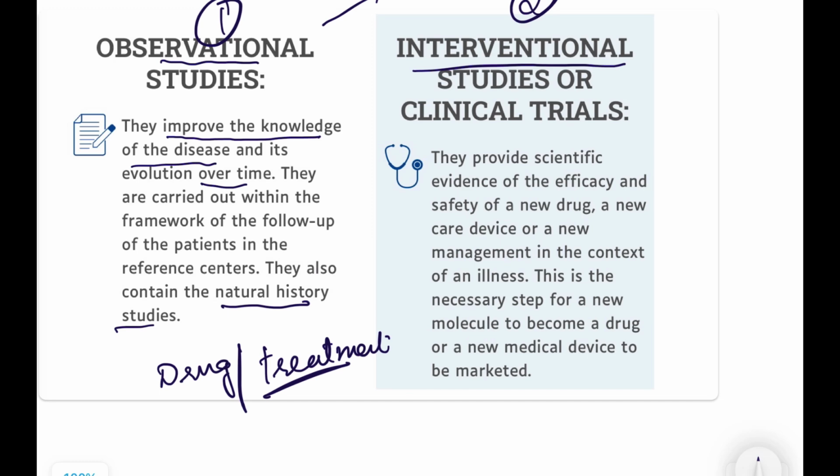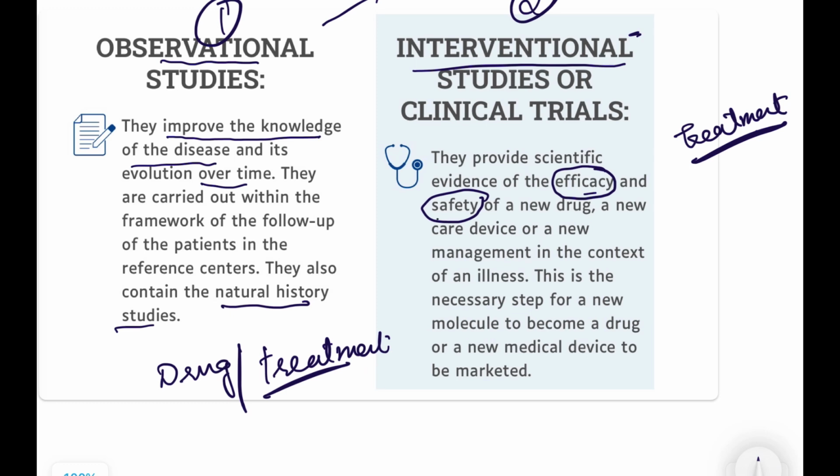Interventional is where you are giving a new treatment to a patient, so basically you are intervening. In this you try to understand efficacy and safety. These seem like difficult terms, but it's very easy. Efficacy means, is this drug working? Because this is a new treatment. Very simple question. And second, is it safe?